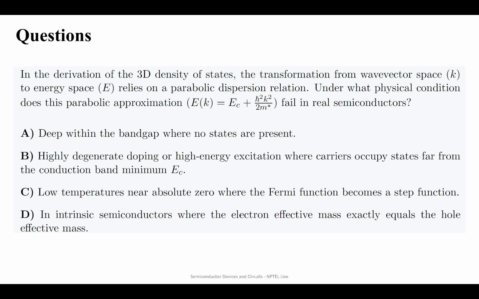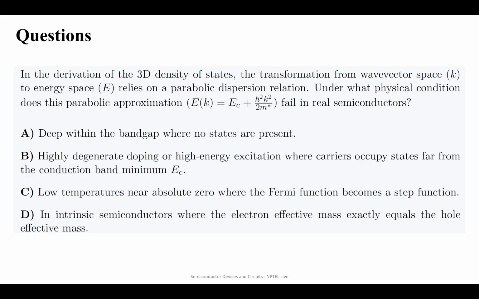In the derivation of the 3D density of states, the transformation from wave vector space k to energy space E relies on a parabolic dispersion relation. Under what physical condition does this approximation E(k) equals Ec plus h bar square k square by 2m star fail in real semiconductors?